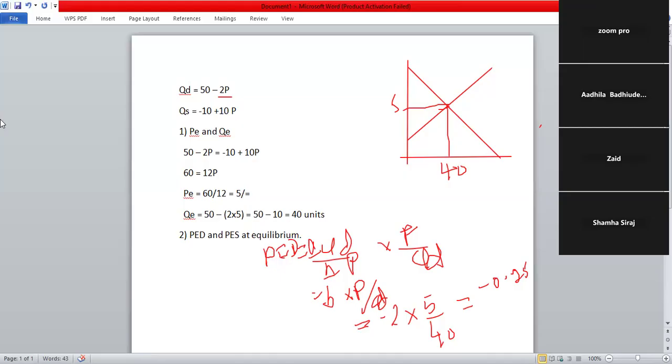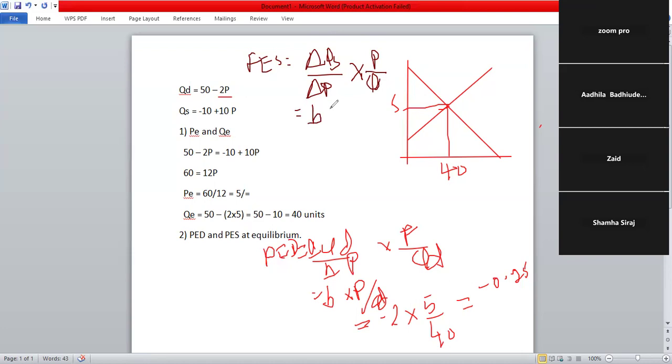Like that, PES, delta QS over delta P into P over QS.